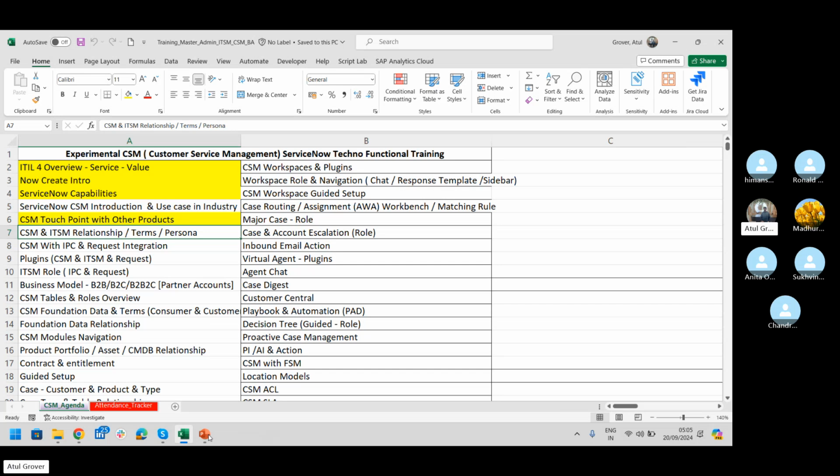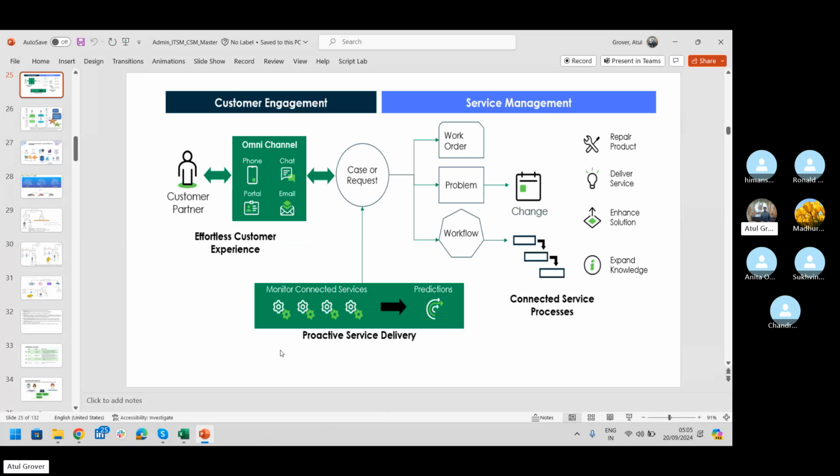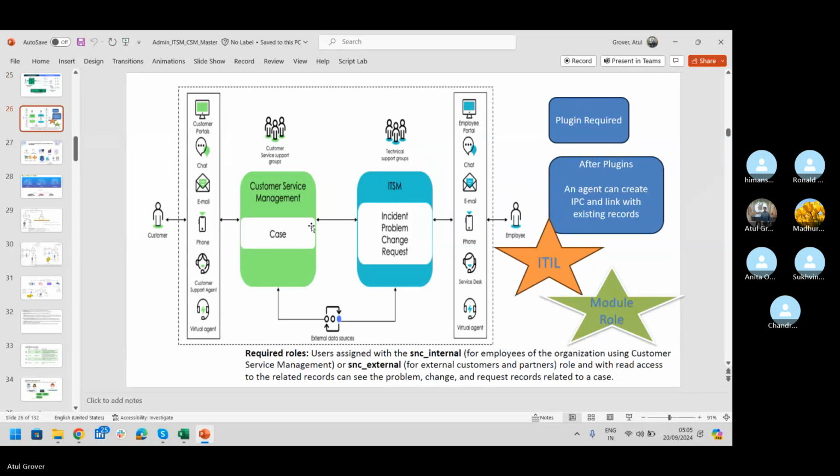We can do this integration, this to this, this to this, or if I go to the next slide, this to this. And it is available out of the box. We just have to go and install the plugin. This 3-in-1 incident, problem, and change will be activated. So the integration is activated via only one plugin.